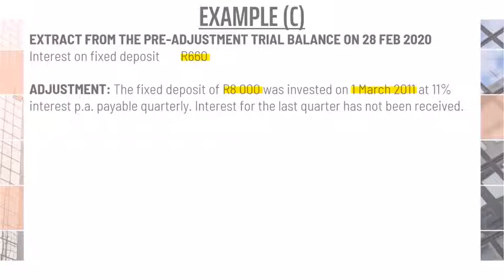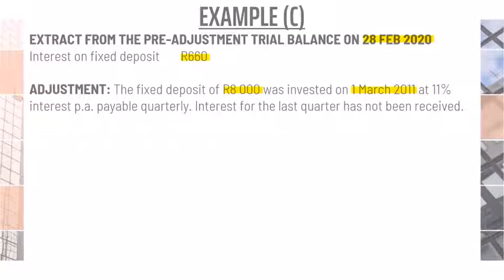Now 2011 is very far away from 28 February 2020, but the reason why we give you that here is just to show that when this financial period started on 1 March 2019, we already had the fixed deposit. So we would have earned interest on this fixed deposit for the full financial period from 1 March 2019 up until the end of February 2020.